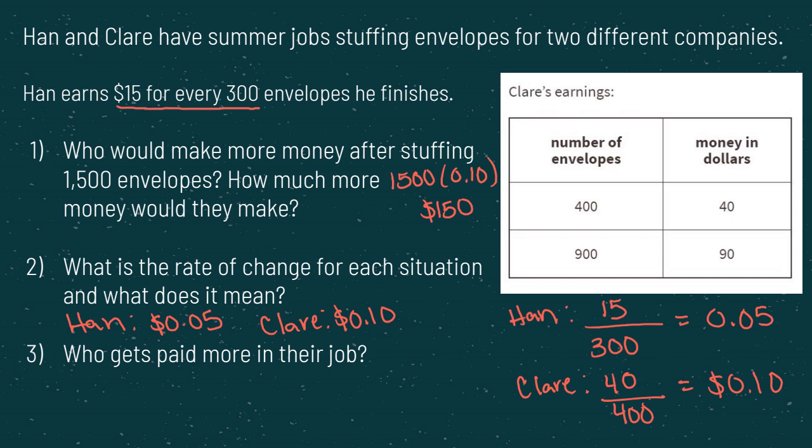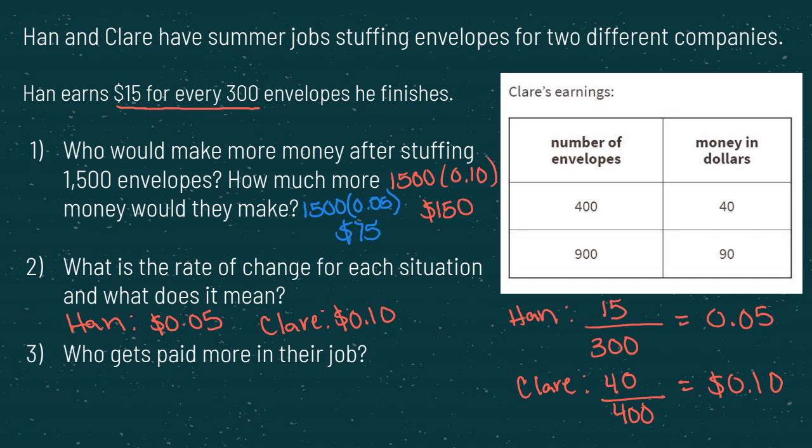So now I'm going to do the same thing for Han. Han is making 5 cents. So he's still stuffing 1,500 envelopes, but he's only making 5 cents. So 0.05. So what do you get if you multiply 1,500 times 5 cents? 75.